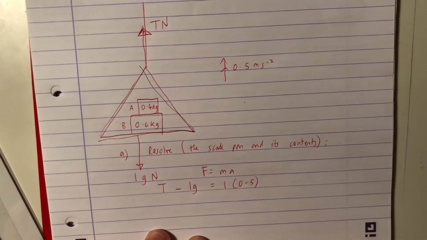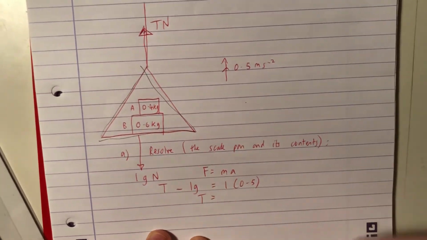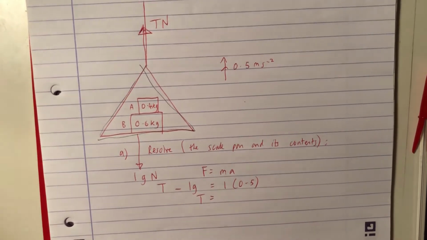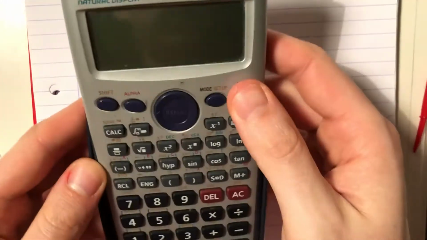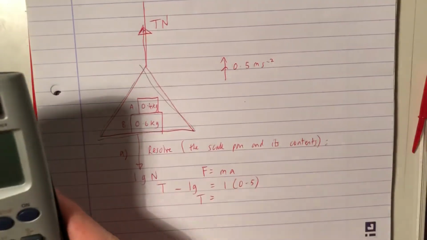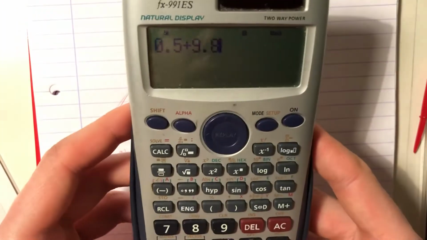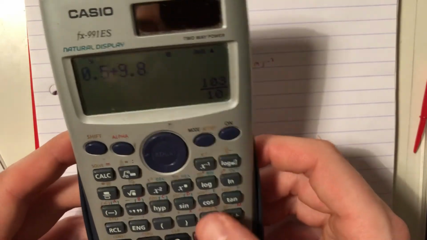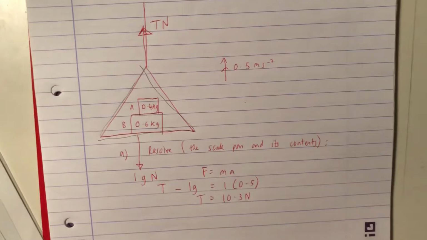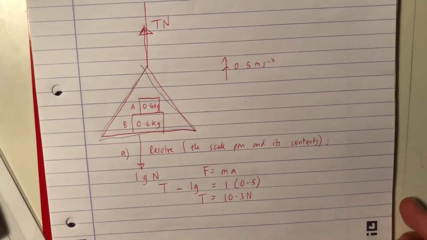And if you make T the subject, you'd have 0.5 plus 9.8. Remember, g is 9.8, to give you 10.3 newtons, and that's it.